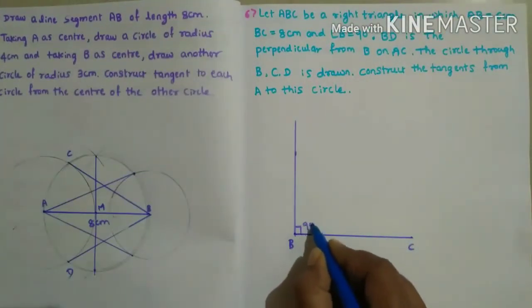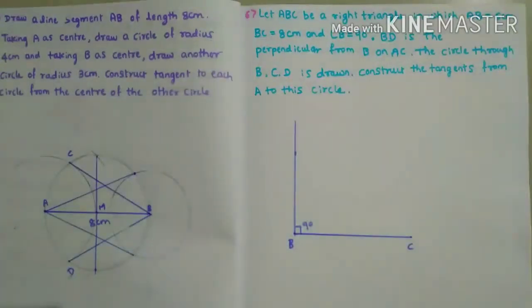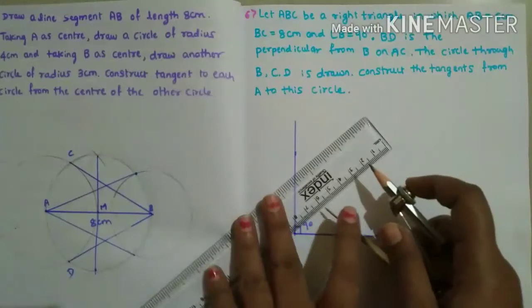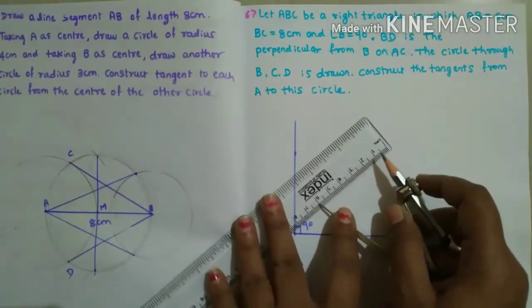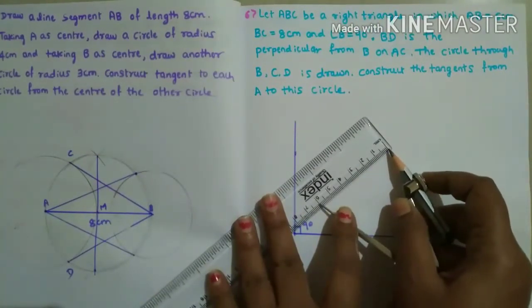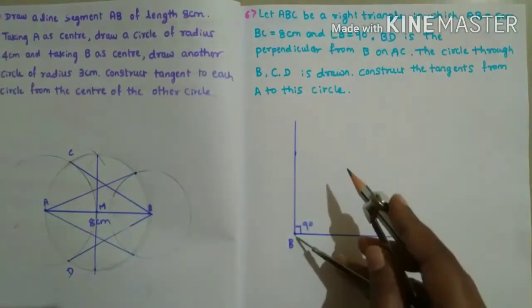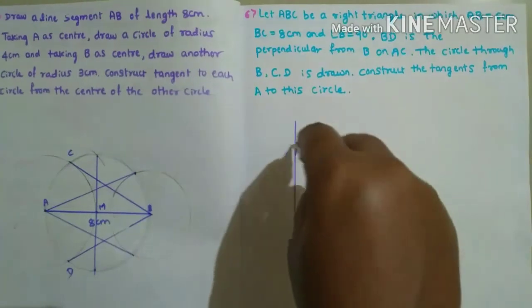They are saying B is 90 degree and AB is 6 centimeter. Already we got BC. AB is 6 centimeter they mentioned. How do we draw AB? You measure 6 centimeter on the scale using the compass like this. Then keep it at point B and cut this line.